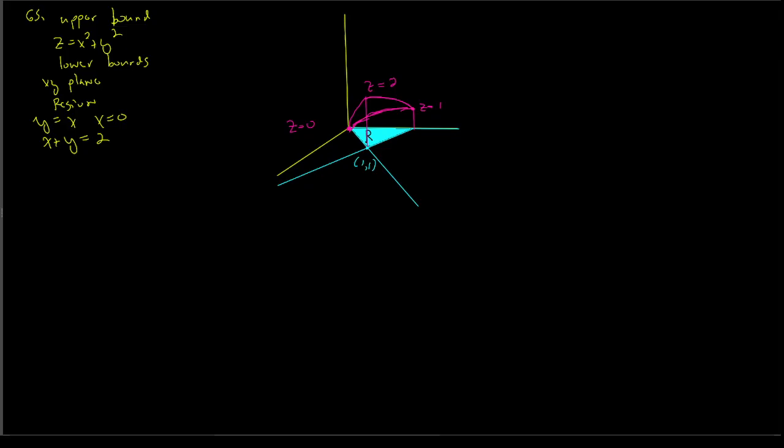This means we can set up our integral nicely. If I'm moving parallel to the y-axis, well, if I solve this for y, I'm going from the line y equals x to the line y equals 2 minus x. And if I'm moving in x, I'm going from 0 to 1.